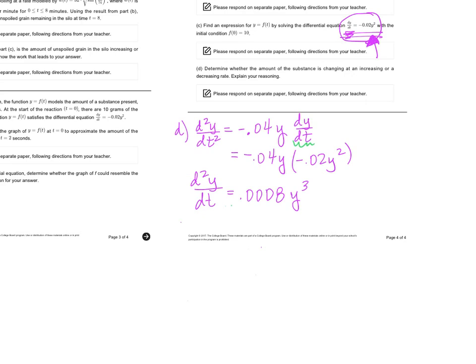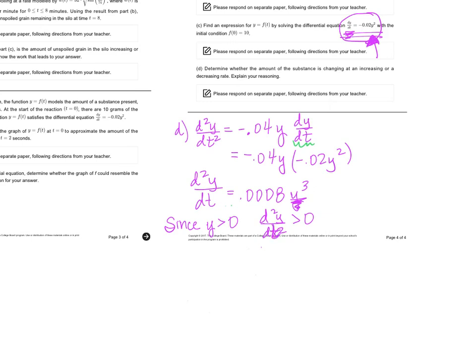Since y, I said at the beginning that y could be equal to 0, it really can't be equal to 0. Because the substance is always going to decay away, if y is greater than 0, we know it can't be negative, certainly, then this second derivative is going to be positive, right? Because if we know that y is a positive number, which is the amount of substance, then the second derivative is going to be positive.